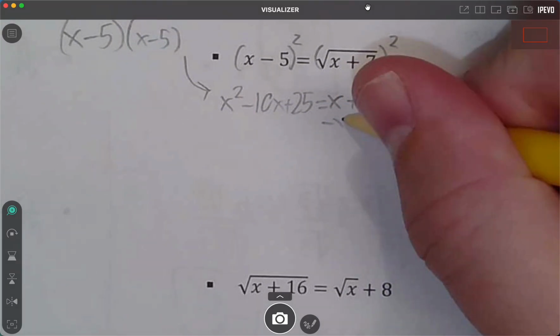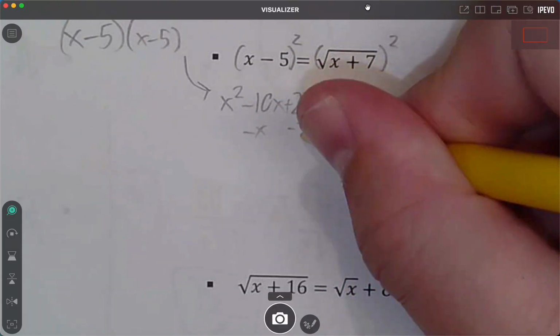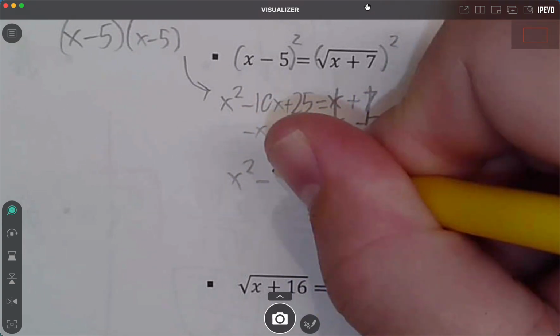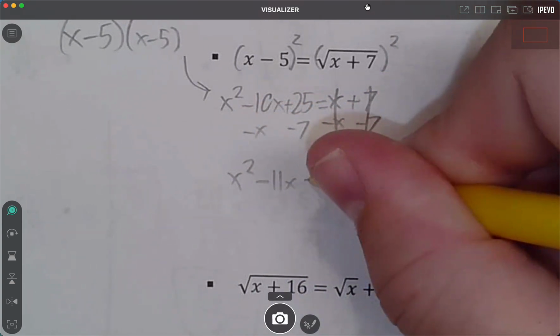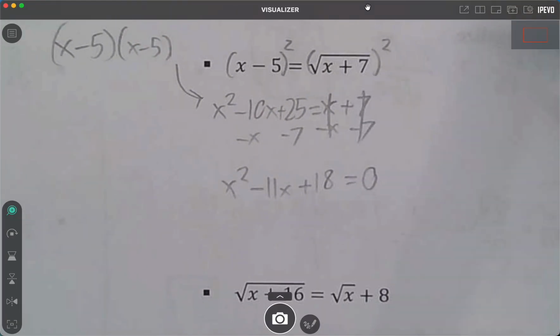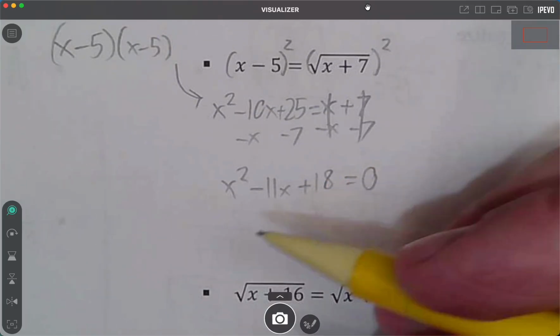So if I subtract the x, and if I subtract the 7, let's see what happens. I have x squared minus 11x plus 18 equals 0. That's what happens when I subtract the x and I subtract the 7.